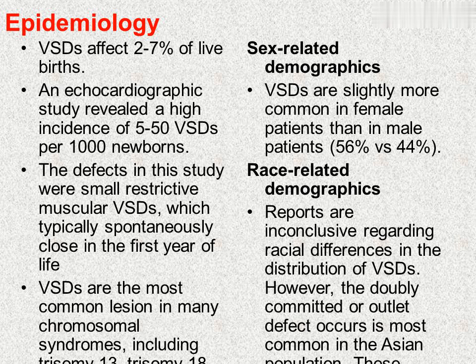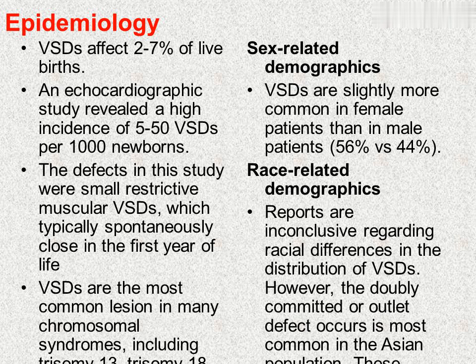VSDs are the most common lesion in many chromosomal syndromes, including trisomy 13, trisomy 18, trisomy 21, and relatively rare syndromes. Sex-related demographics. VSDs are slightly more common in female patients than in male patients, 56% versus 44%.